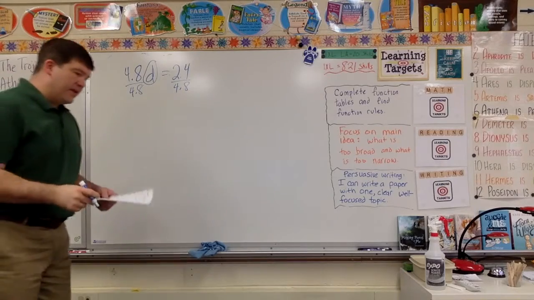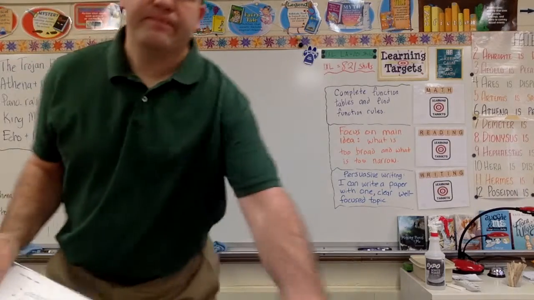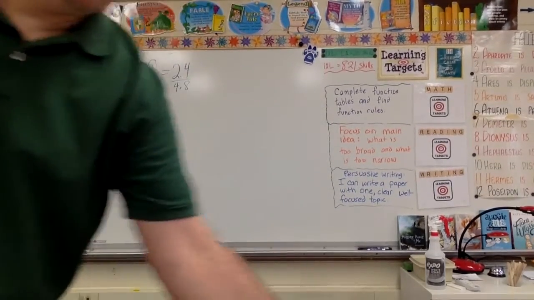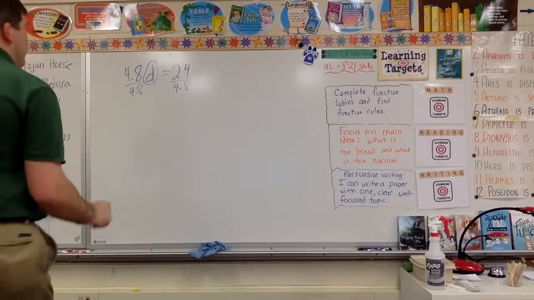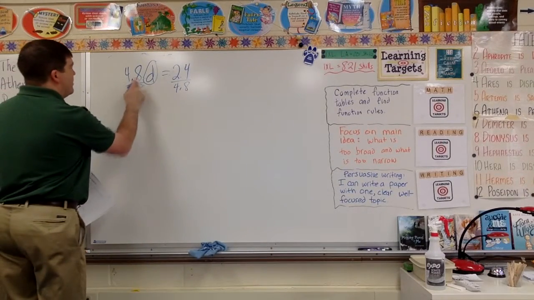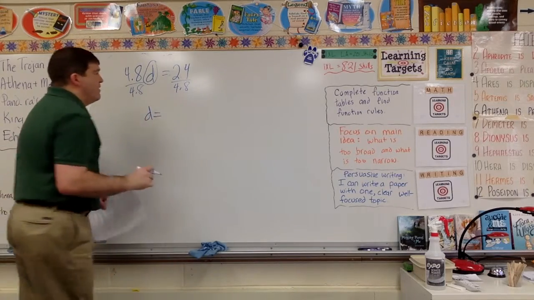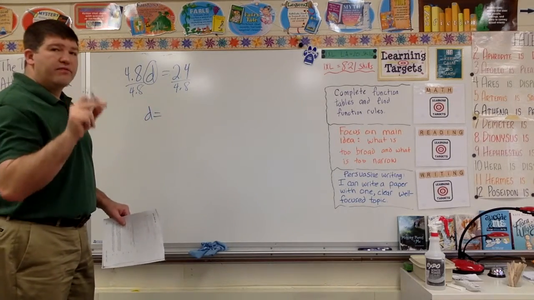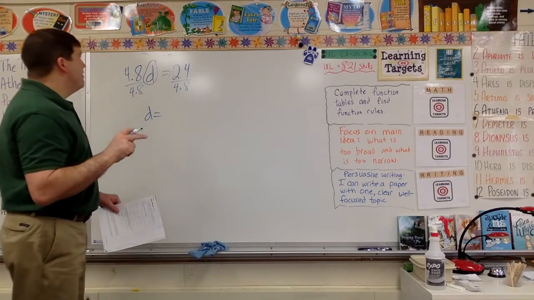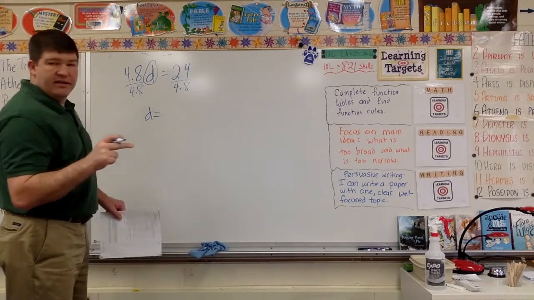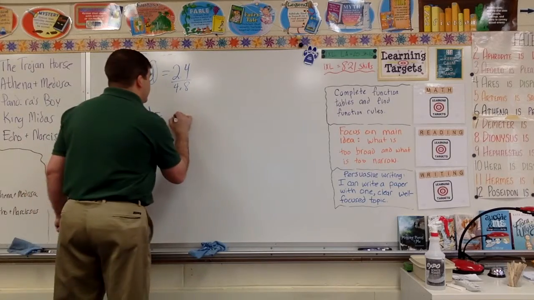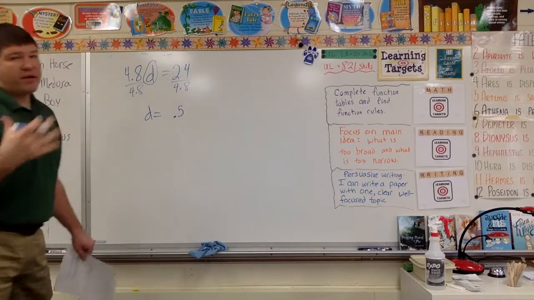Now, 4.8 divided by 4.8 is just 1. So that's going to give me D. And if on my calculator I do 2.4 divided by 4.8, it gets me 0.5.